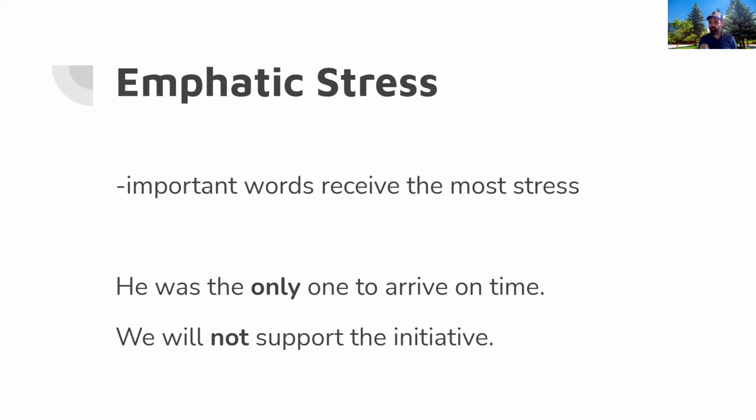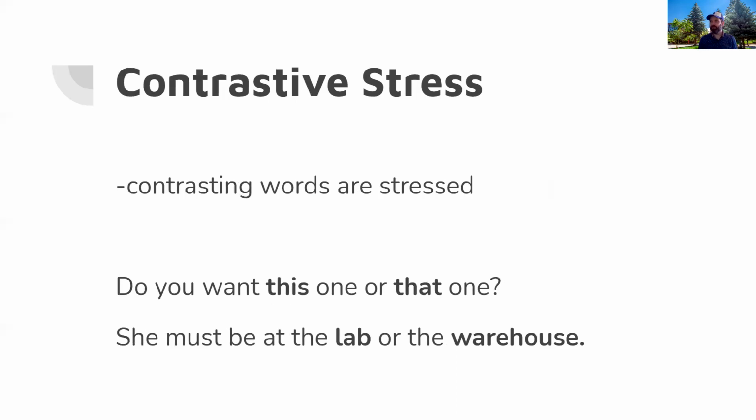He was the only one to arrive on time, or we will not support the initiative. So we have this ability to do this through our pronunciation, that we can stress other words, and that gives the listener's attention to that particular meaning or aspect of the sentence.